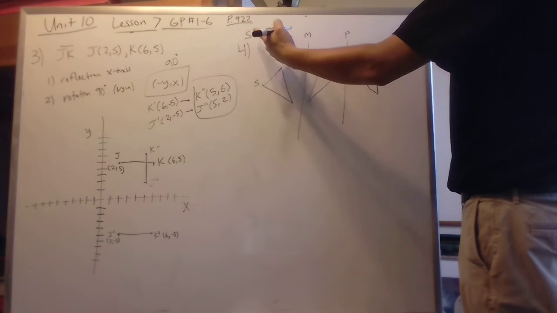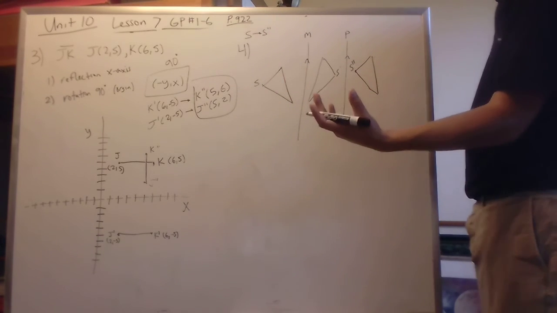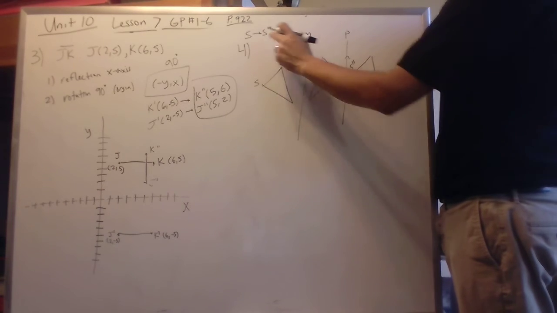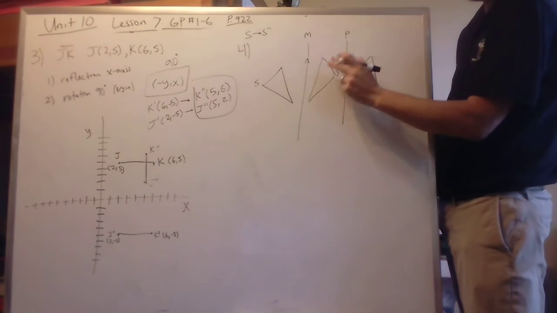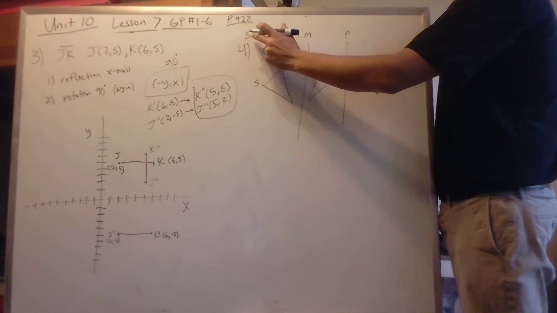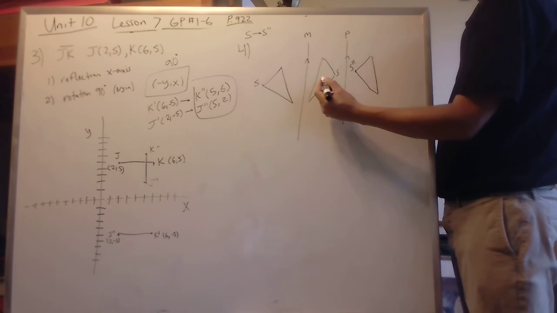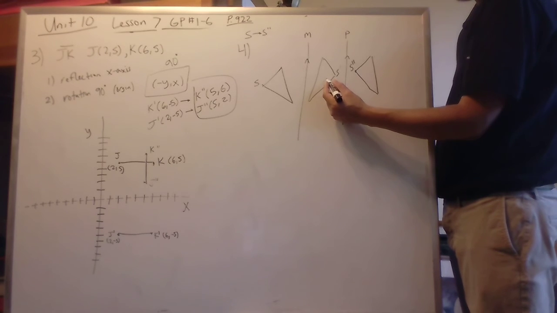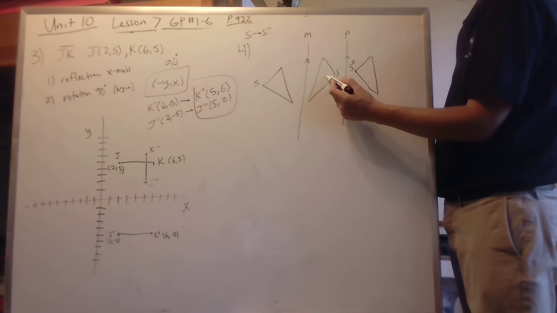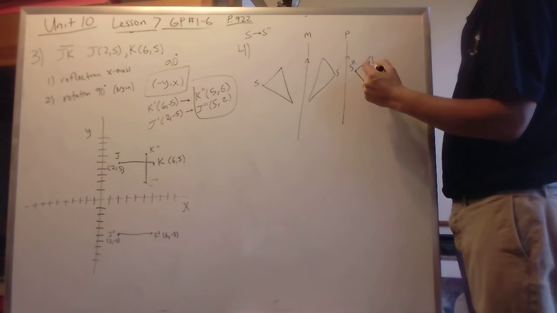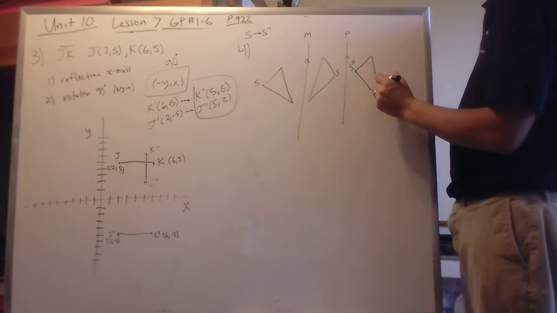Again, the book wanted us to go from this triangle S, reflect it over line M, and then reflect that over line P. So it's a double reflection. That's how we went from S to S double prime. So we reflect S over line M, and then do another reflection of S prime over P, and that gives us double S prime. So this is our final solution right here.